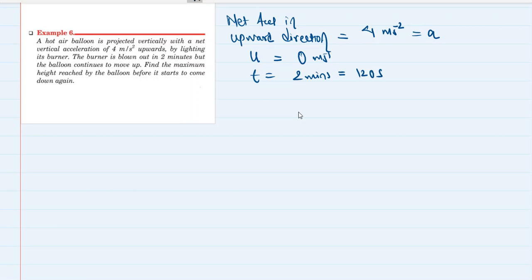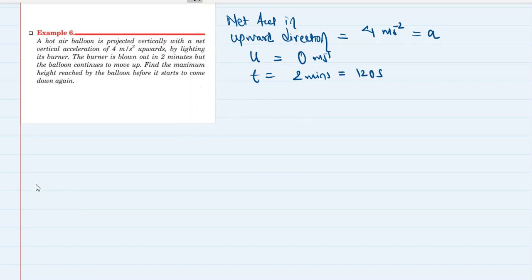So after 2 minutes, the net acceleration becomes zero. If the net acceleration becomes zero, then what will happen? That is not clear. We can find the velocity after 2 minutes. What velocity does the balloon attain? Yeah, let's find the velocity.